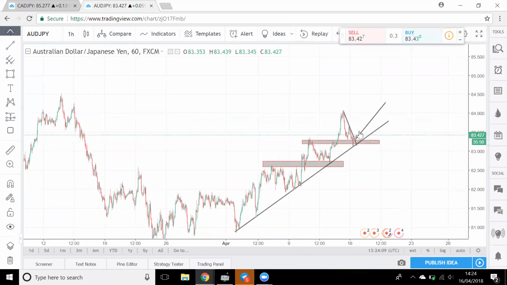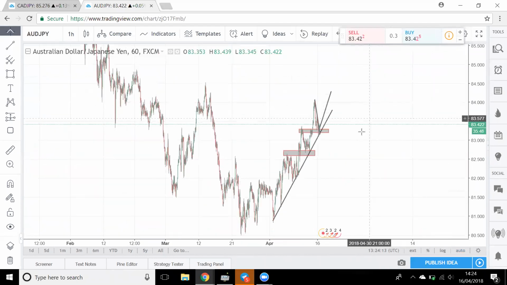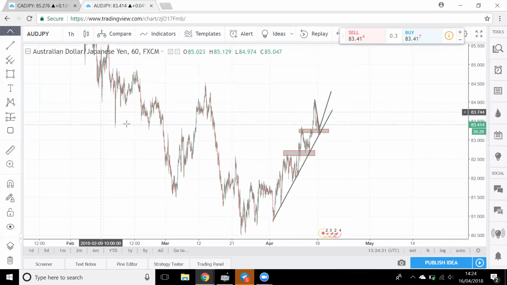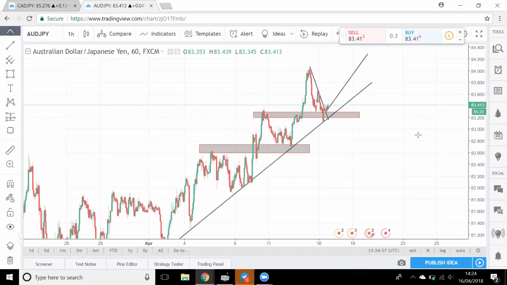Simple place to take buys. Looking for first targets of 145 pips. Market has not changed structure yet.